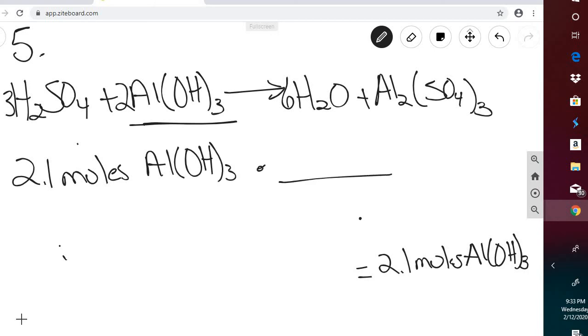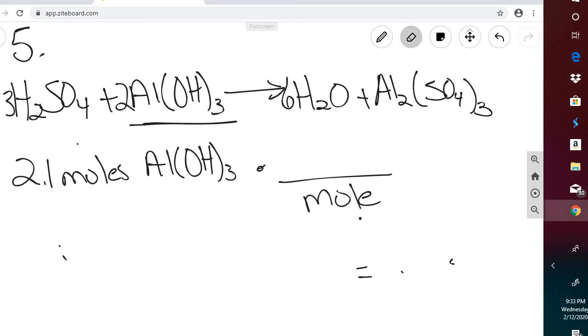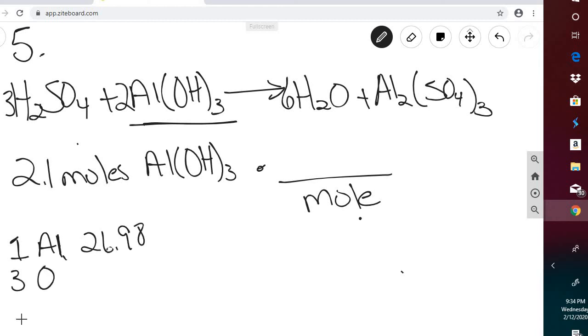So how many grams is in a mole? So we have 1 aluminum, which is 26.98. We have 3 oxygens, so that'd be 3 times 16.